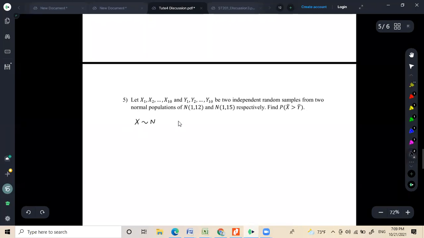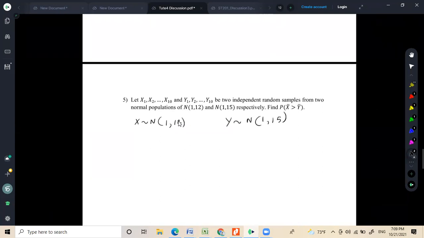X follows a normal with mean and variance given there. Y follows a normal with mean and variance given there. What do you have to find? You have to find the probability that x bar is greater than y bar. These are the sample means. And from the central limit theorem, what do you know?